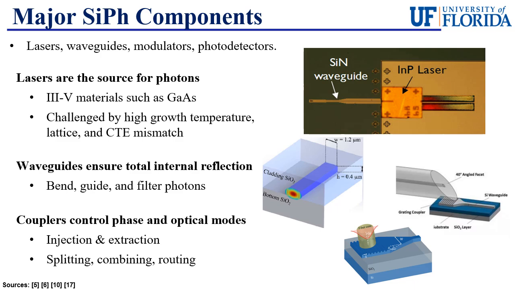Couplers do more complex operations on photons and control the phase and optical modes of photons to inject and extract them to and from waveguides. A common type of coupler is called a grating coupler, which allows photons from a fiber optic cable to inject into the waveguides on an SOI wafer. Couplers in general also have the ability to split, combine, and route photons within a photonic device.